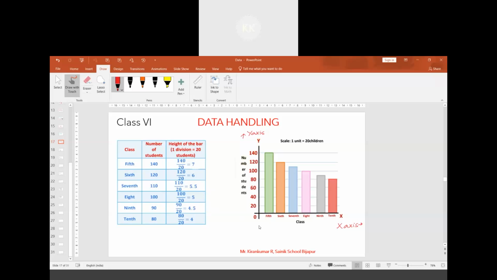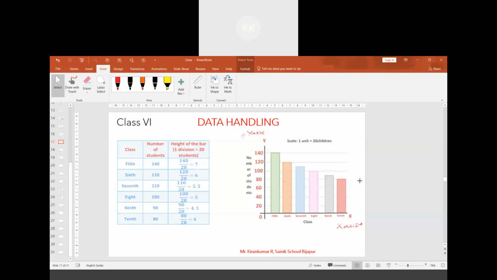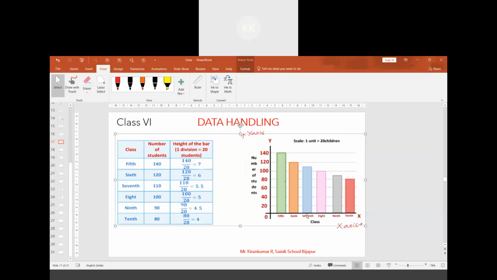Here the classes are mentioned on the x-axis: 5th standard, 6th standard, 7th standard, 8th, 9th and 10th standard. These are placed at equal spaces. Actually, this graph is not a proper one. I have compressed it. These gaps are to be uniform.